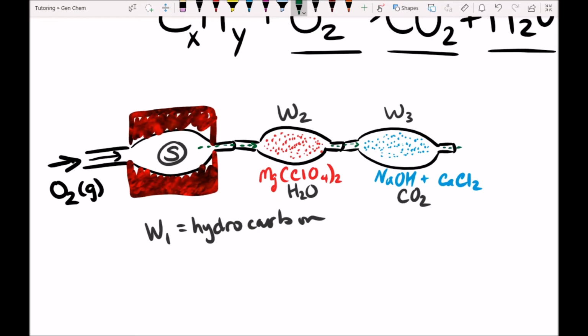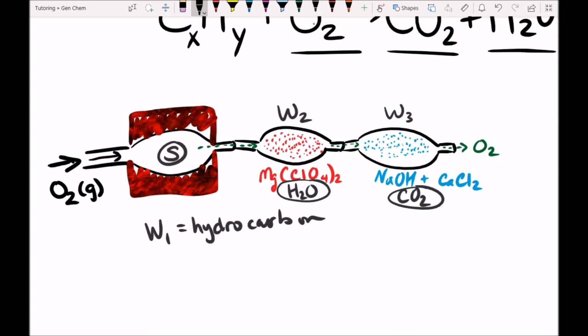And then the only thing that flows out of this third chamber is oxygen keeps flowing. So these two chambers are then weighed after the reaction is completed. And we subtract the original weights of these two chambers from the final weights to get the weights of the water produced from the combustion reaction and the carbon dioxide produced from the combustion reaction. And using those weights, we can determine the empirical formula.